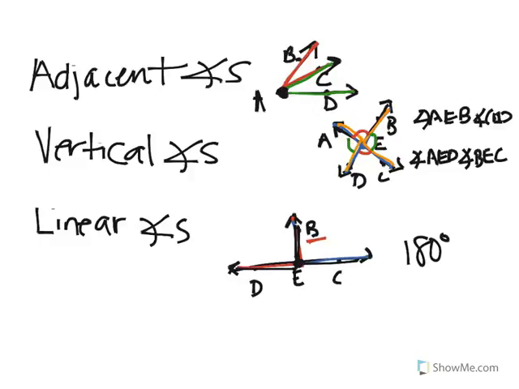So in summary, we have 4 different types of angles based on the number of degrees that they have.